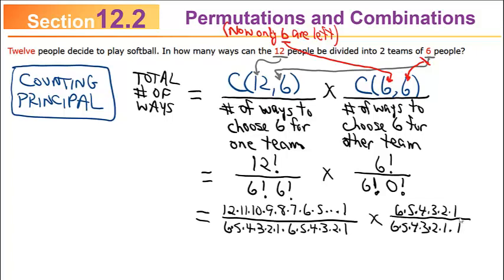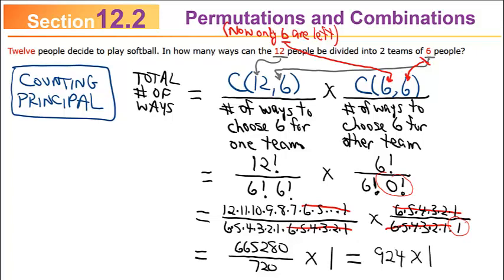If you write this out and maybe do a little bit of canceling, you will see, and also notice that 0 factorial is defined to be 1, so keep that in mind. And with the canceling, you end up in the first fraction with 665,280 over 720. In the second fraction, everything cancels, so you're just left with 1 over 1, which is 1. And that comes out to be 924 times 1, which is 924.